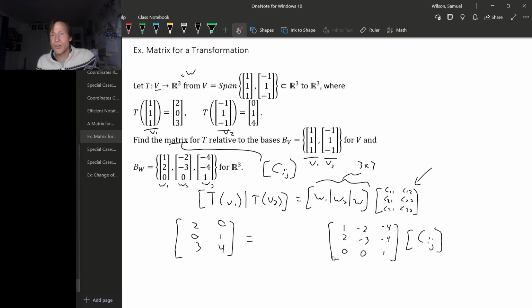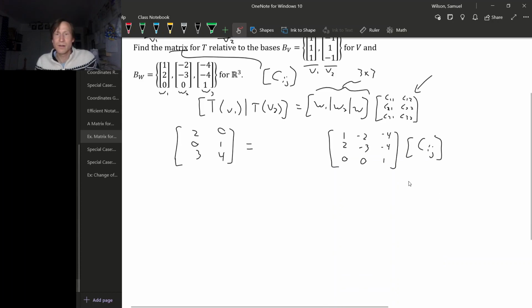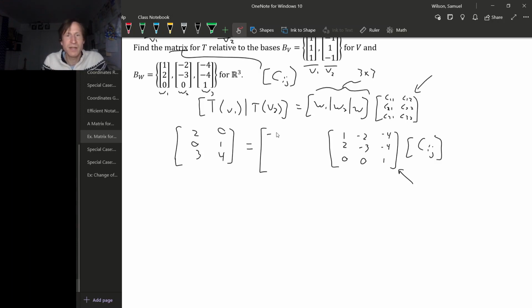All right, now to solve this, we can just find the inverse for this matrix and multiply on each side of the equation, multiply on the left by the inverse of this matrix. So I figured this inverse out ahead of time. It is minus 3, 2, minus 4, minus 2, 1, minus 4, and 0, 0, 1.